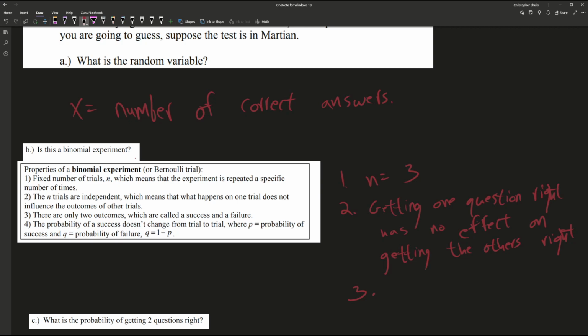Let's see. For this third one, there are only two outcomes, a success and a failure. That's true. You either get the question right or you get the question wrong.